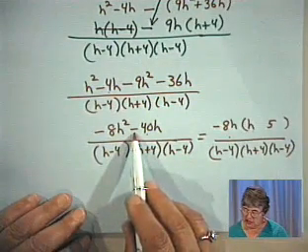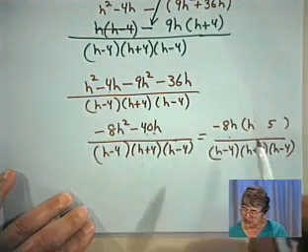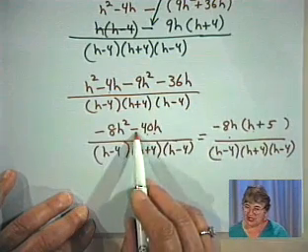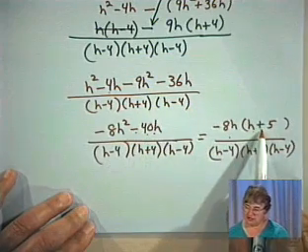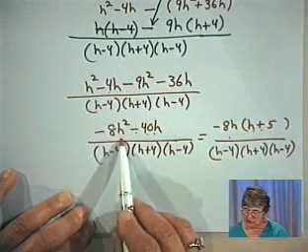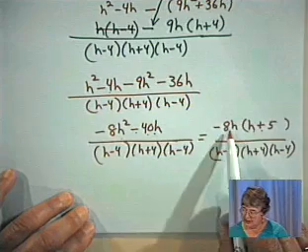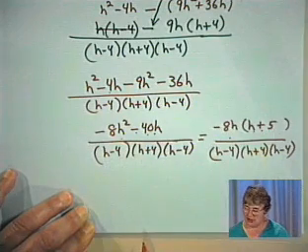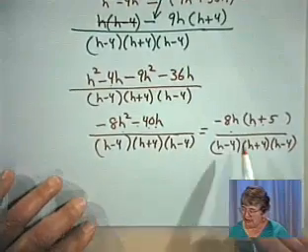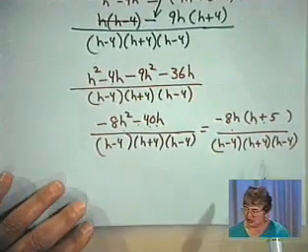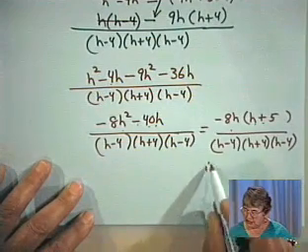What we started with was a negative 40h, and in order to have that, we need a plus 5 here, which gives us a plus right here. Check it out. Minus 8h times h is what we had before, minus 8h squared, and then minus 8h times 5 is a minus 40h. Okay? So now we have nothing common, so this is already in lowest terms.